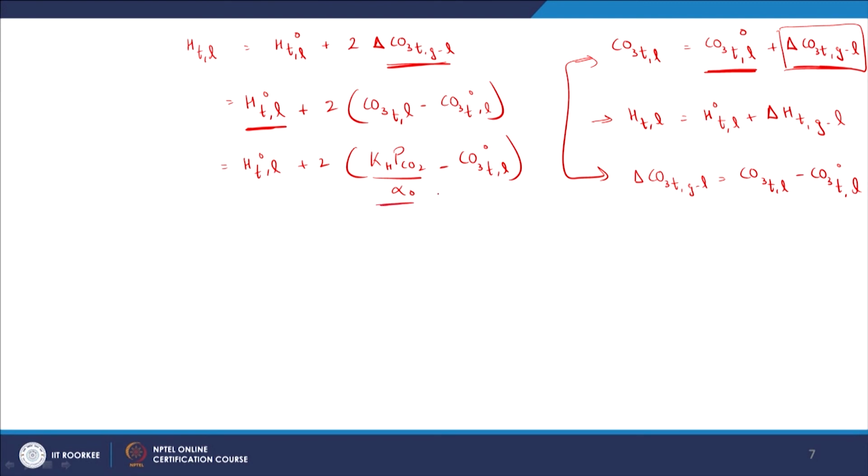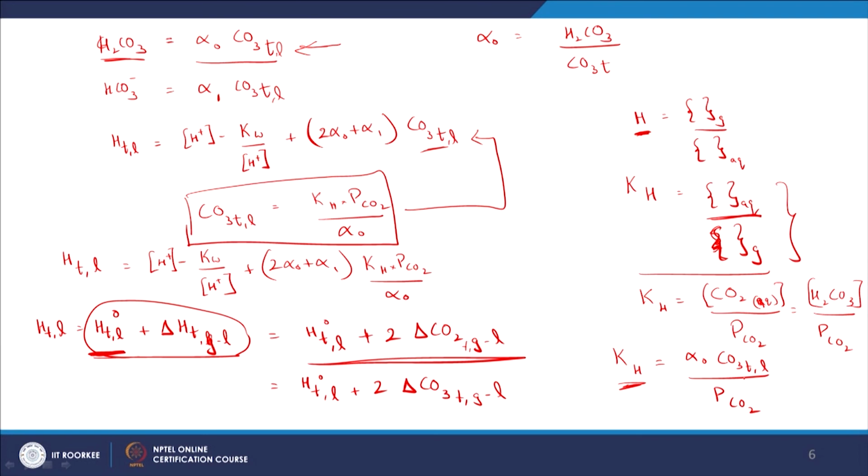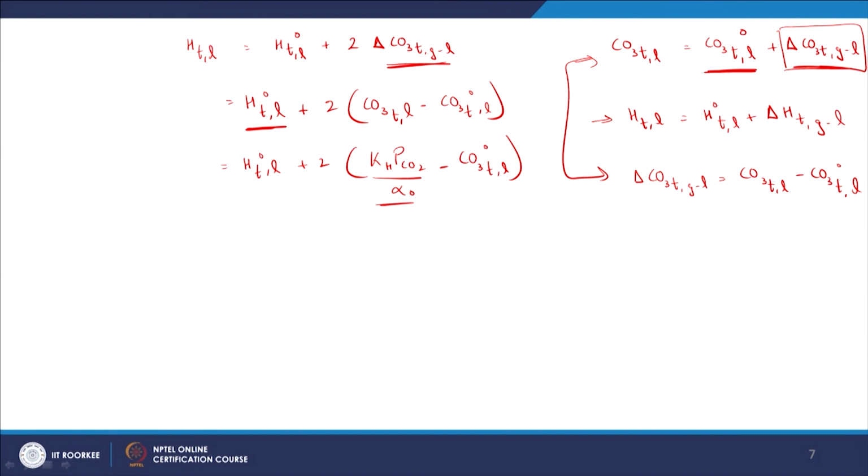Let me check this variable. Where did we have that? CO3 total is going to be equal to kH into pCO2 by alpha naught, and that is something we have. And so this, as we know, is now equal to concentration of H plus minus Kw by concentration of H plus, plus 2 times alpha naught plus alpha 1 into kH pCO2 at equilibrium by alpha naught, right.